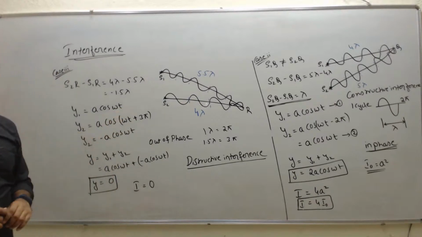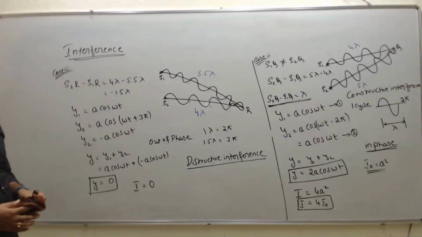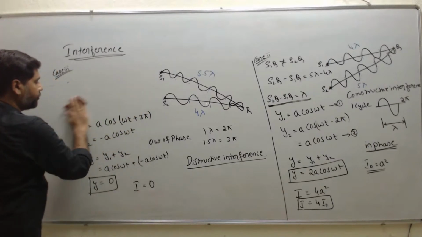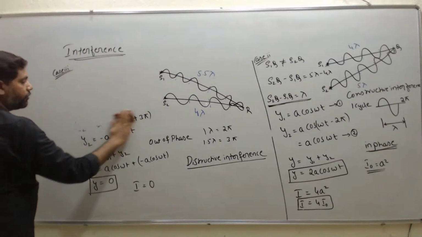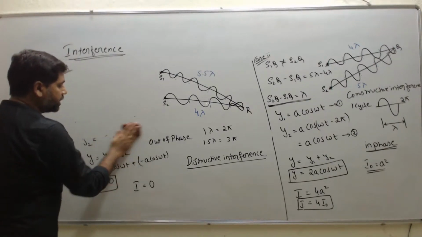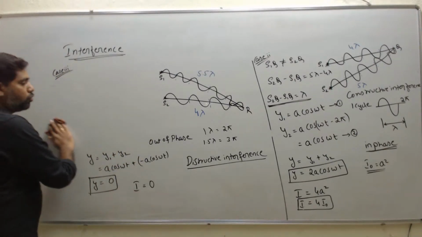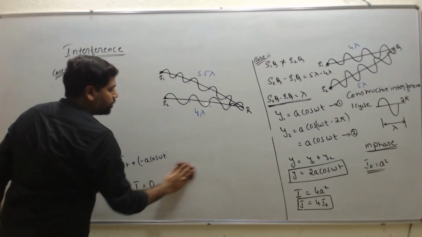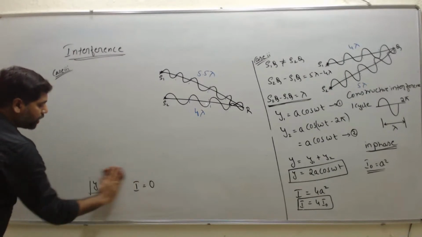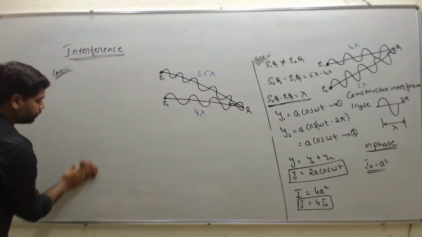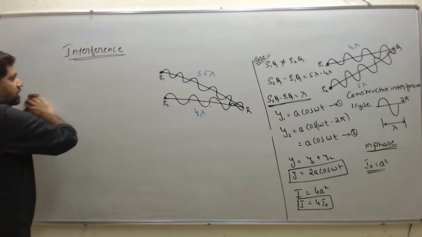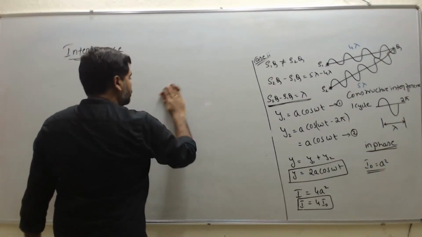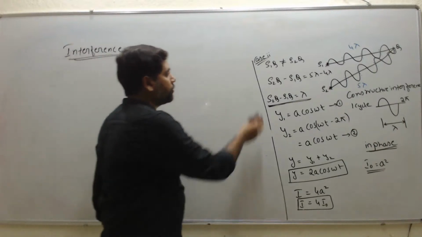So if we write in the general form, we can write in two methods. One is path difference and another one is phase difference. So if pi is taken as the phase difference between two waves, then what happens? If we consider the path difference as lambda, so what happens? So in general, S1 and S2 are the two coherent sources producing the waves of displacement.